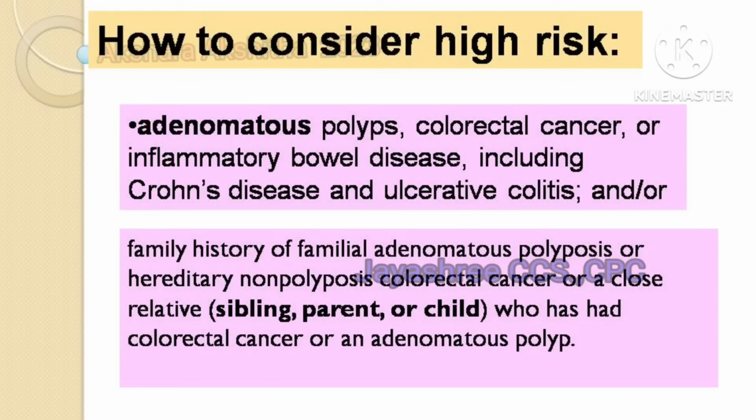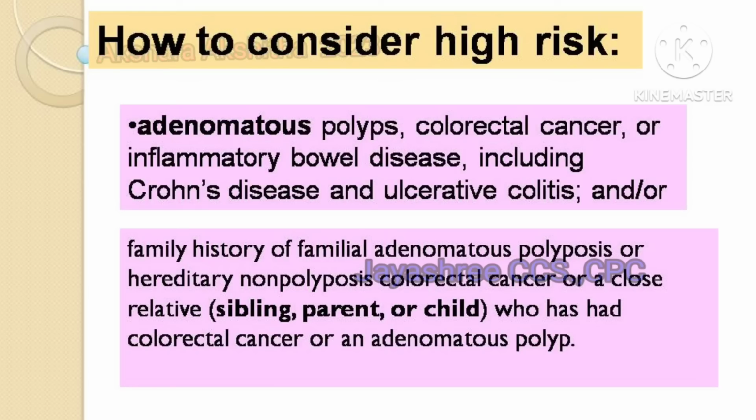When can we consider high risk or low risk? A patient is high risk if the patient has any adenomatous polyp, colorectal cancer, or inflammatory bowel disease, including Crohn's disease or ulcerative colitis. If the patient has a personal history of these conditions, we consider that patient high risk.